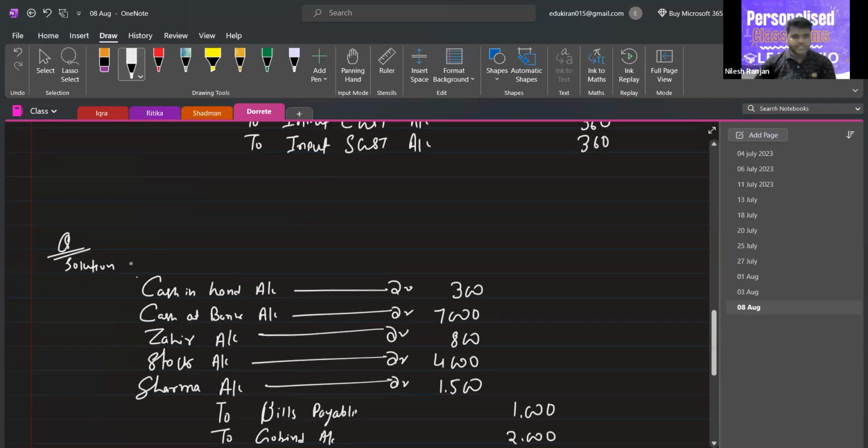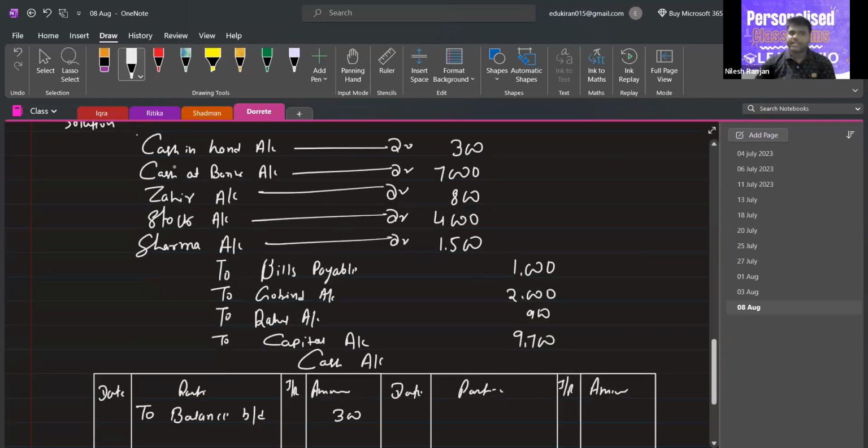All of these, cash in hand, cash at bank, Jahir, stock, Sharma, bills payable, Gobind, Rahul, capital, all of them you will write like the balance. Yes, we have to write all these items in their respective account as balance.